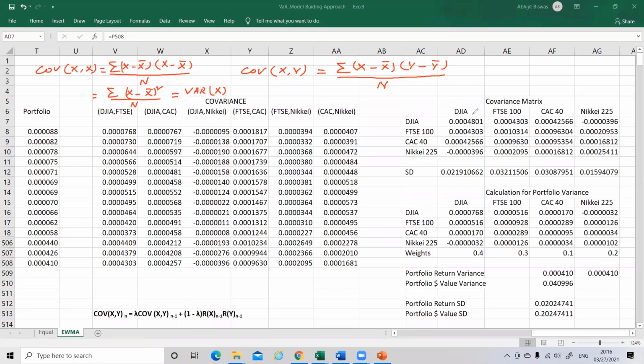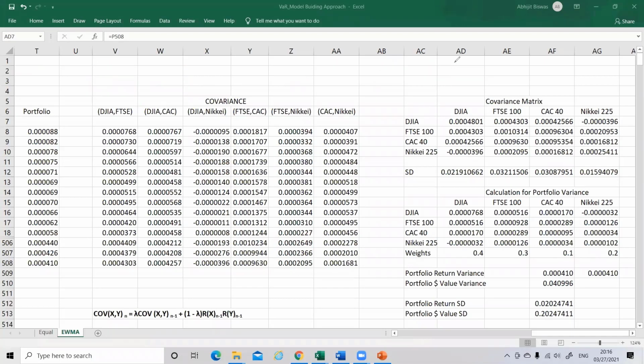That's it. Now we have already calculated the variance of Dow Jones till 25th. So for 26th, you just have to drag one more cell down. You have understood this, right? I'll first clear all the drawings and close this. Now see here, I have given the reference for P508.